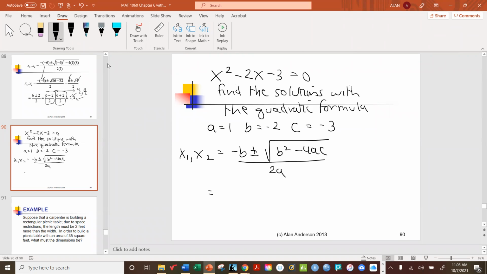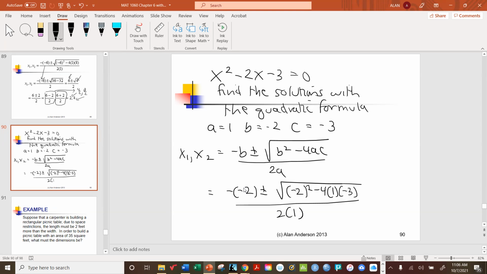So when you plug these in, you get -2 plus and minus -2 squared minus 4, 1, -3, over 2 times 1. All right, let's see. I have to copy that into the next slide.